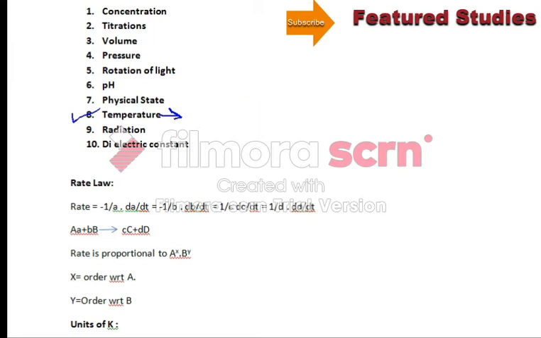In the third class, I will tell it, and then about radiation. Radiation depends on the physical state, and physical state depends on the rate of reaction. So it's directly dependent on it.